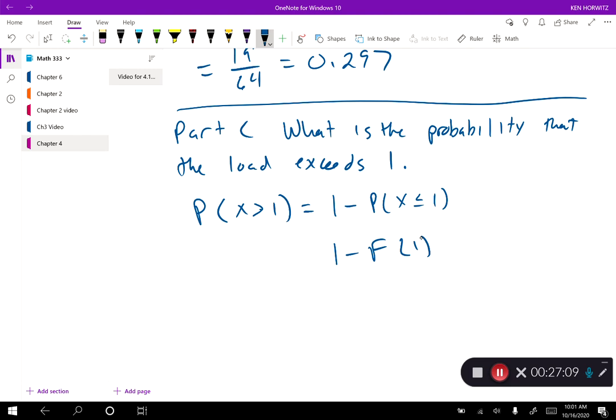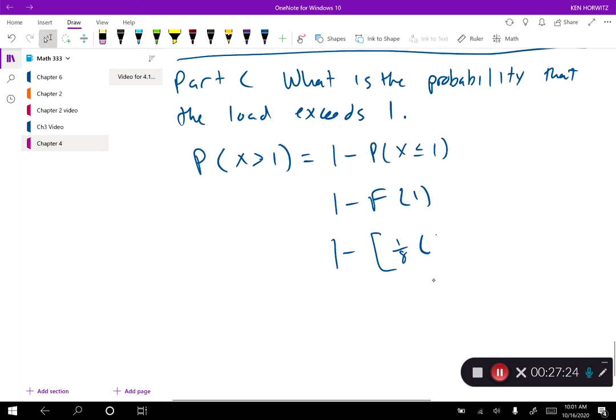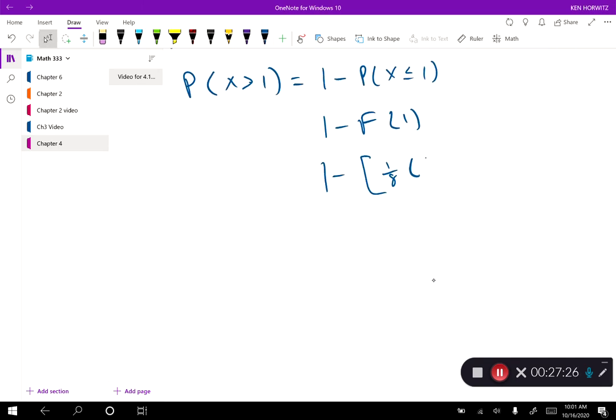So why don't you take that 1 and plug it in. I'll actually rewrite the function for you. I got 1 minus 1/8, I'm going to scroll up a little bit, times 1 plus 3/16 times 1 squared. I plugged in the 1 for you.